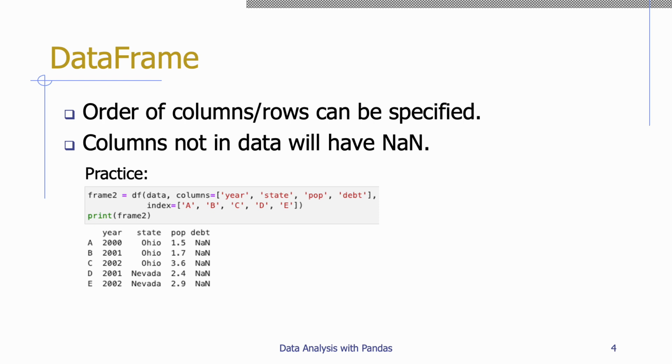Within a data frame, the order of columns or the order of rows can be specified. Columns not in the data are going to have None. So what is None? None is for missing values. It stands for not a number, also referred to as NA, not available.